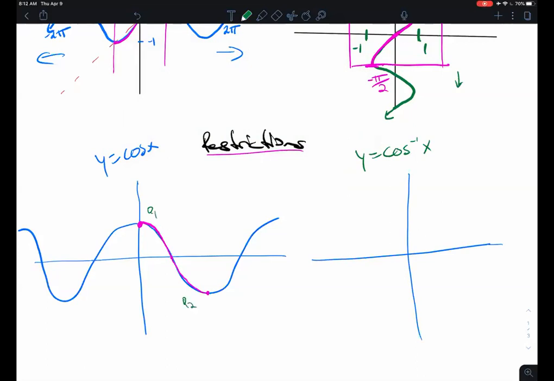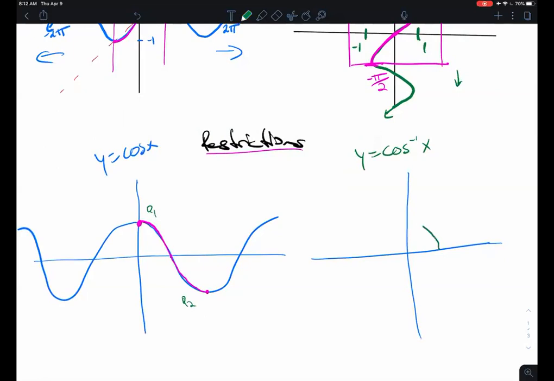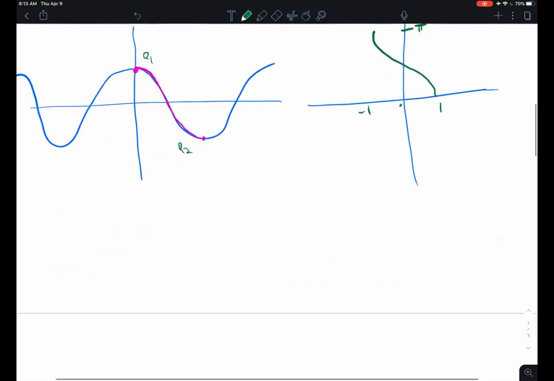So this graph is going to look like that, where this is 1, that's -1, and this all of a sudden goes from 0 to pi. Okay, so that's as much as I'm going to do as far as showing you the restrictions, but they're different for each function.